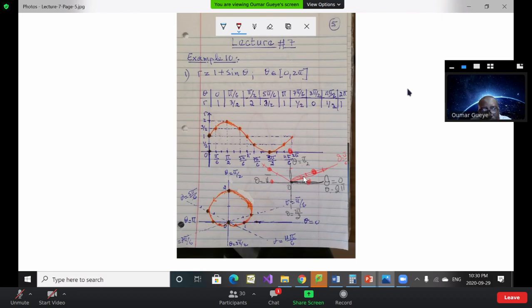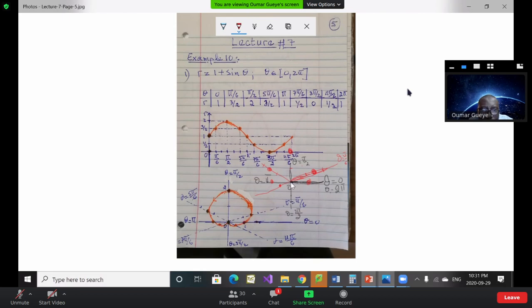And 7 pi over 6 is going to be the continuation of this line. This is 7 pi over 6. And for 7 pi over 6, you can see we have 0.5. So that's why we'll get something like that, 0.5 unit from 0. And at theta equal to 3 pi by 2, r is 0.